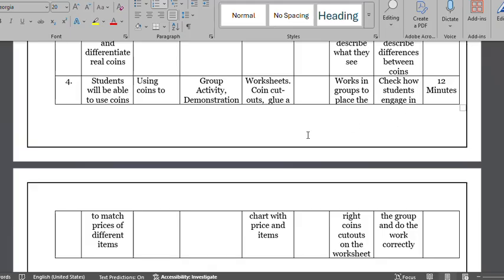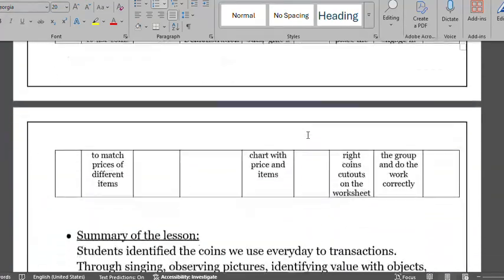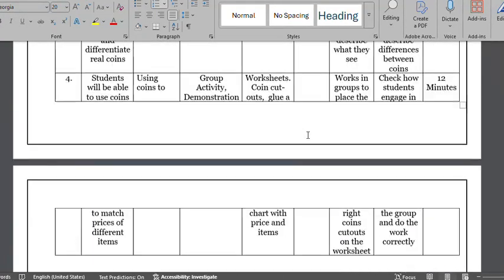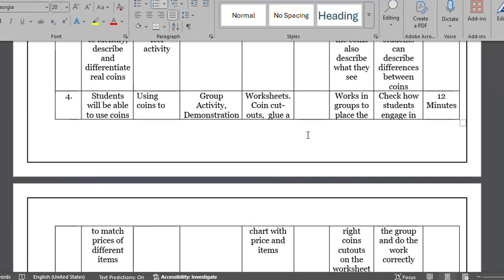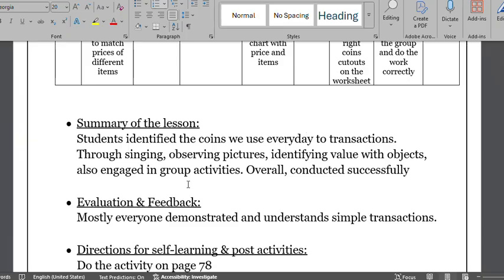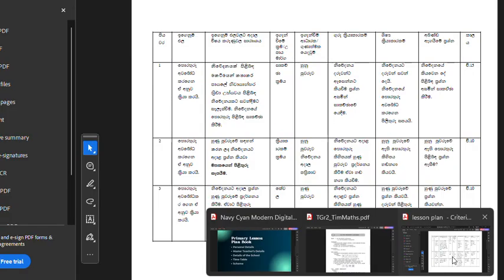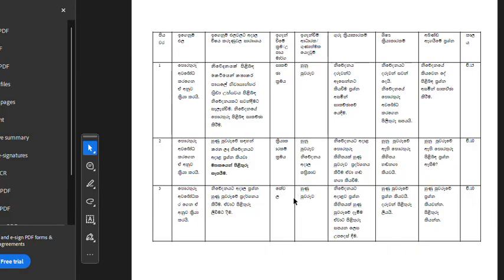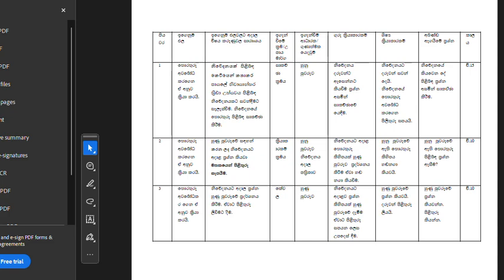So I have mentioned one of the activities here. For preschool, after the lesson we mention only the reflection, but here we want to mention the summary of the lesson. Here you can see the criteria that the university has given to follow while writing the lesson plans.